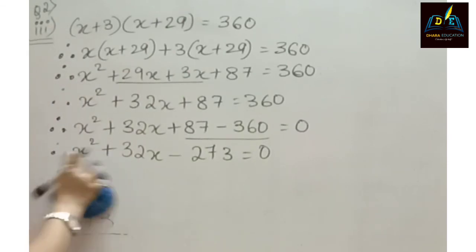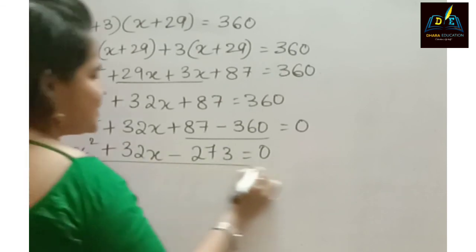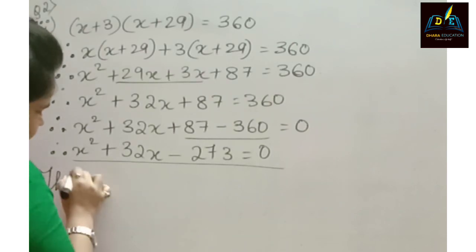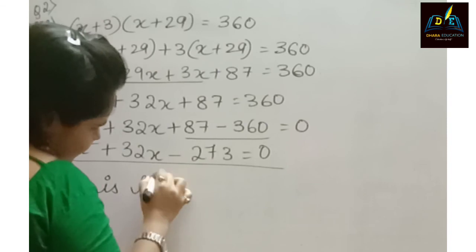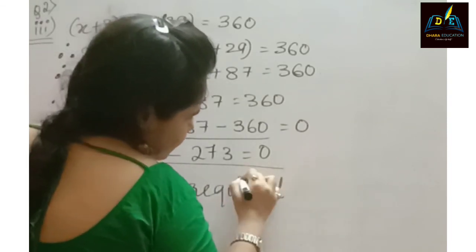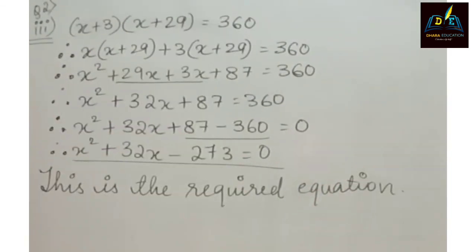So students, you can very well understand this. This is the last stage and this is the answer. Okay. So at last you just need to write that this is the required equation. That's all. That's it.